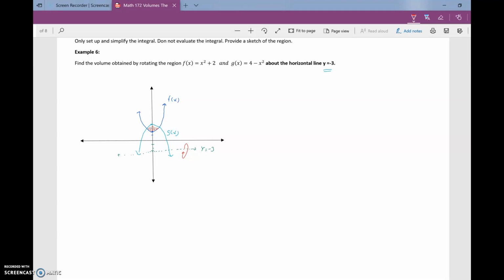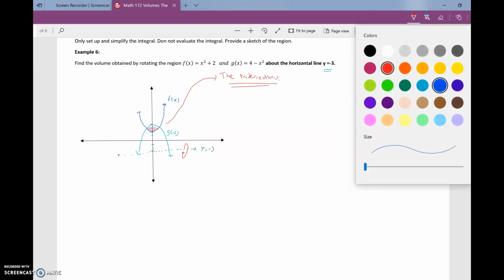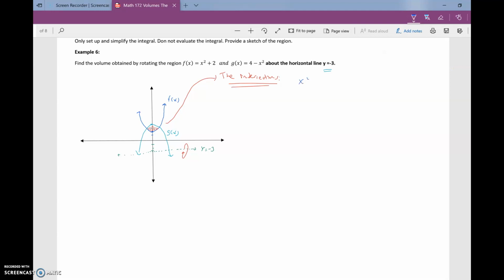Now, let's actually come up with the intersections. So for the intersections, we're looking at x squared plus 2 has to be equivalent to 4 minus x squared. So let me subtract the 2 and add the x squared. So we're looking at 2x squared is equal to 2.